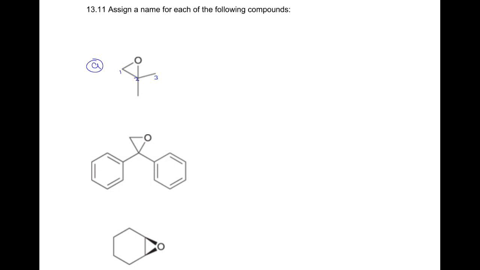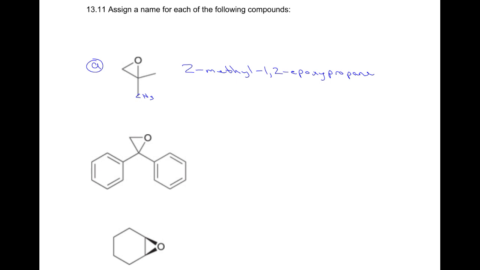And you can see the only substituent we have on here is another CH3, so that's a methyl group, so it's going to be 2-methyl 1,2 epoxy propane.